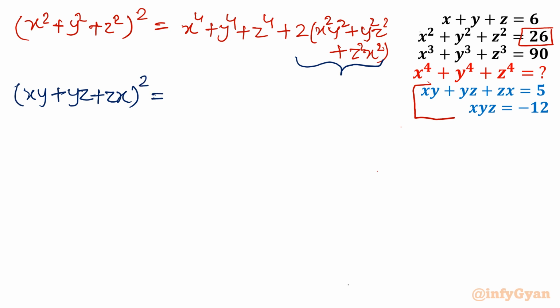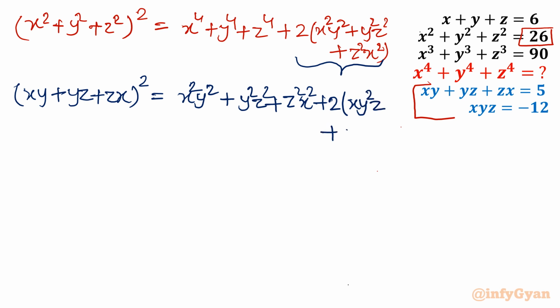Let's write the square of that. It will be a square plus b square, the second term square, third term square, plus twice the bracket of the products of two: x y square z plus y z square x plus z x square y.